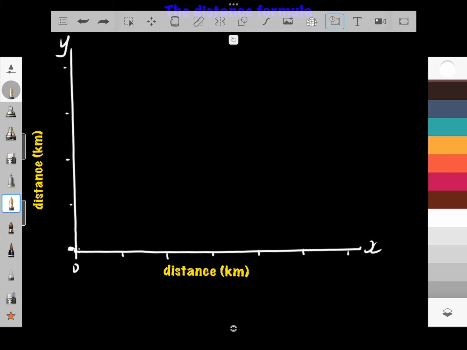In this case, let's first start with the x-axis. We start at 0 and count in denominations of 20. So we have 20, we have 40, we have 60, we have 80, we have 100. We'll just simply stop at 120.